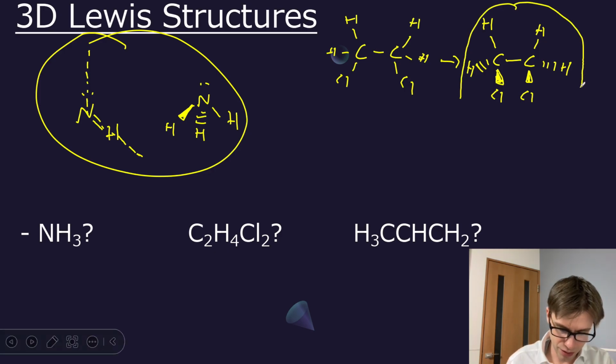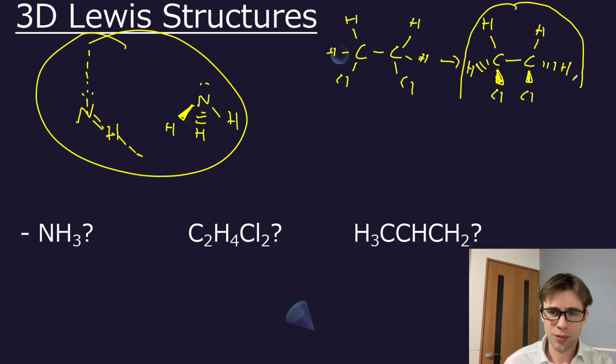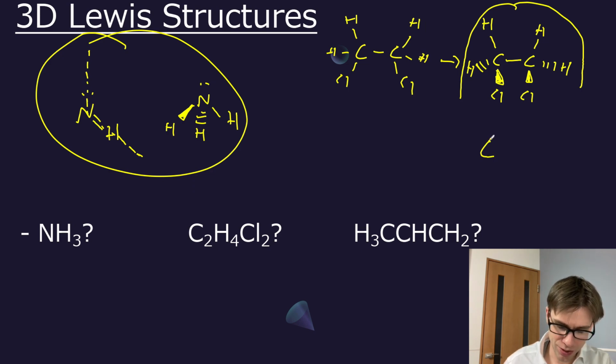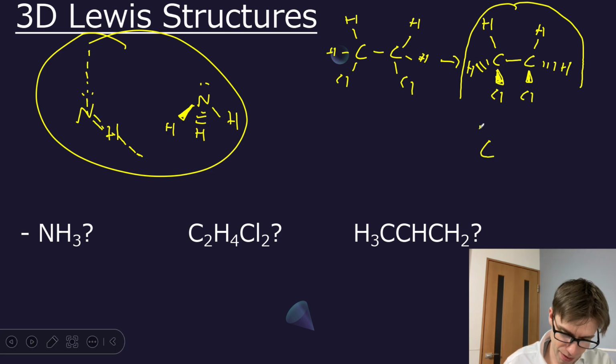for C2H4Cl2. But you might ask, why'd you put the chlorines there? Why didn't you put the chlorines on the same carbon? Totally understandable questions. And yeah, I could have put these H's and Cl's at any position, basically. I could put a chlorine here, and then an H on the other side.